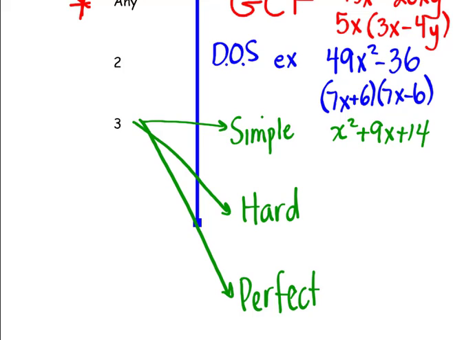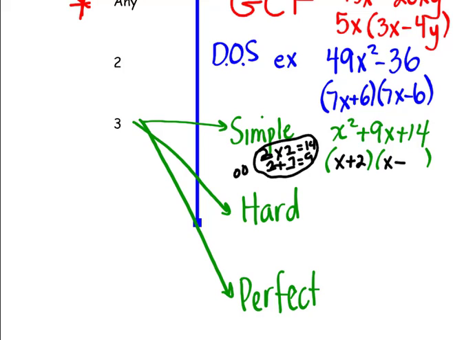With a simple trinomial, you can open up your brackets right away. And sometimes I do this off to my side. I think, okay, what 2 numbers multiply together to give me 14 and add up to give me 9? And the 2 numbers that multiply together to give me 14 and add up to give me 9 are 2 and 7. So the x plus 2 and x plus 7. That is a simple trinomial.